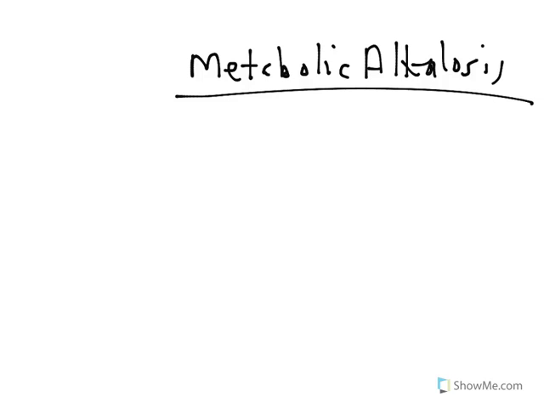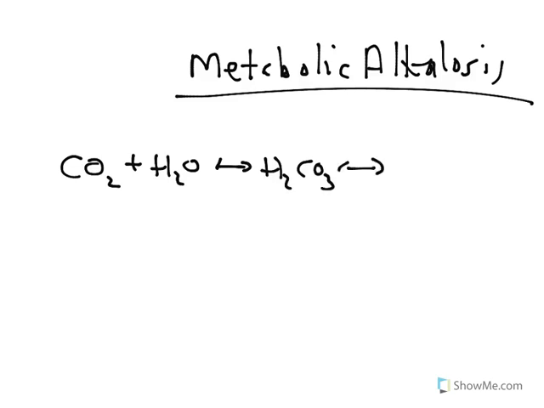So, metabolic alkalosis. The overarching idea here is that if we're in alkalosis, we have an increase in pH. So CO2 reacts with water. We produce carbonic acid, H2CO3, which disassociates into hydrogen ions and HCO3 minus, bicarbonate.